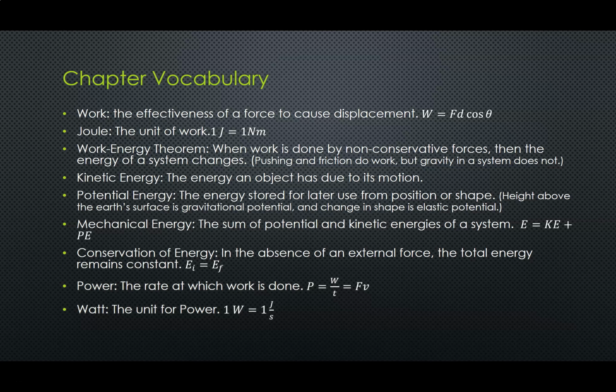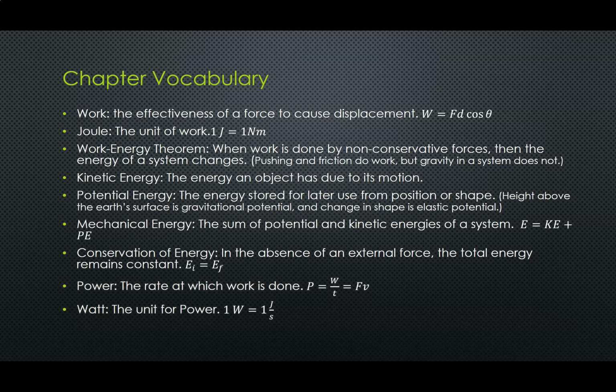Right? We do have the energy due to an object's motion is kinetic energy. Potential energy is energy stored for later use. We do talk about 2 types of potential energy, and that is the energy due to your height above the surface is gravitational potential, and then the energy due to a change in shape is the elastic or spring potential. And when we look at both the potential and kinetic energies of an object, we are looking at its mechanical energy.